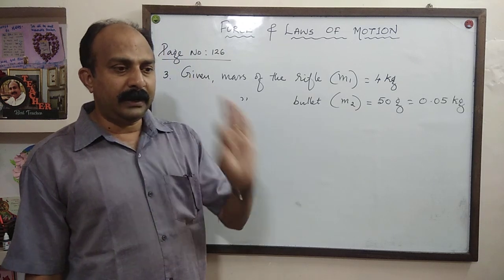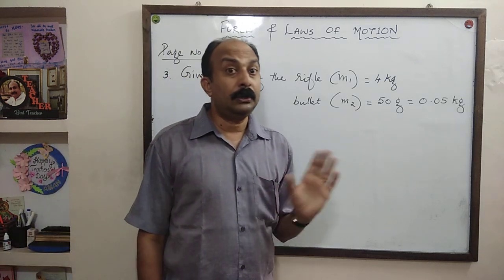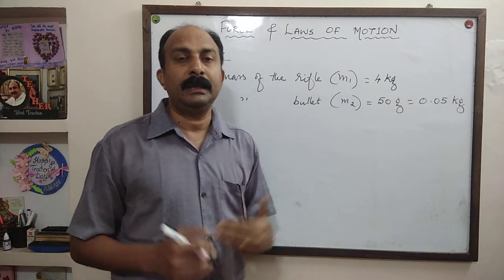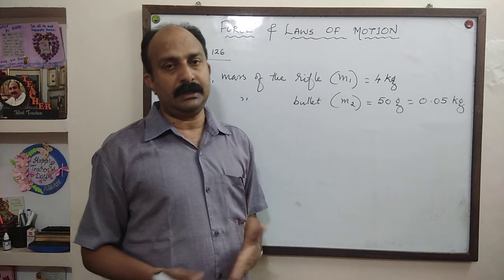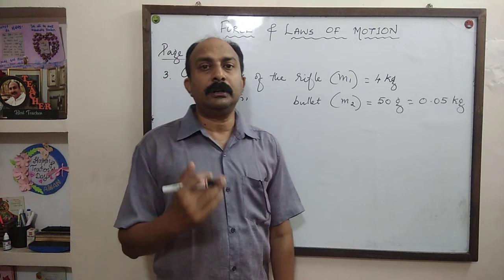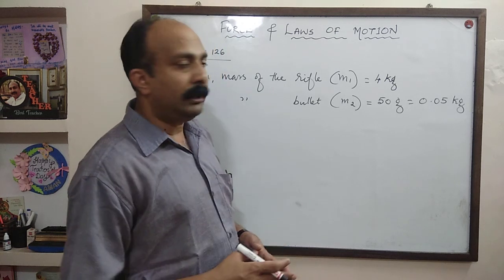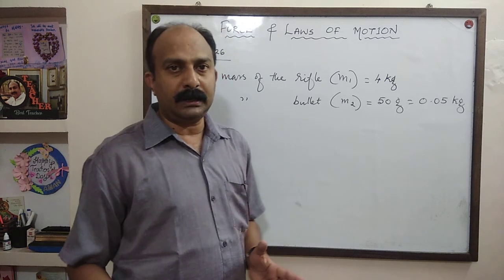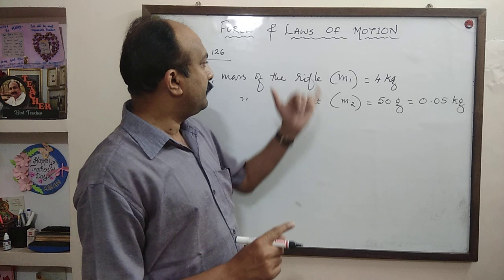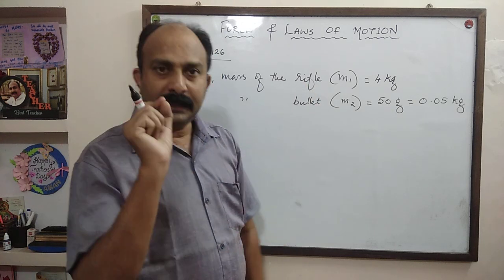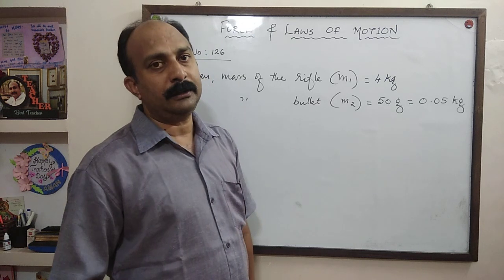Whenever a bullet is fired from a gun, the total momenta of the two bodies before firing, here firing is collision, is equal to total momenta after firing, that is after collision. So when the bullet is not fired from the rifle, both bullet and the rifle have 0 velocity. That is actually initial velocity.